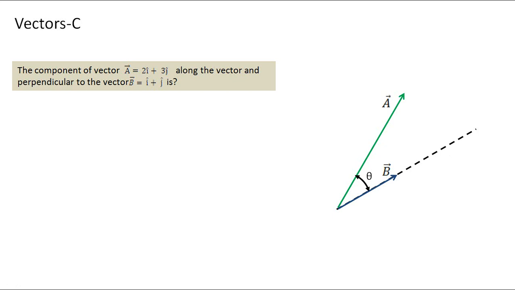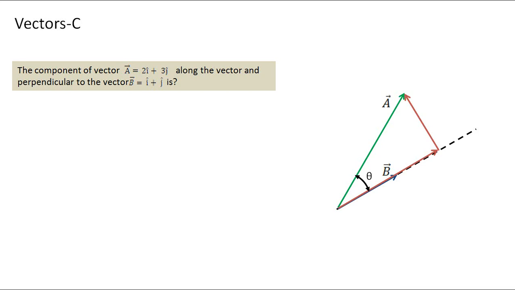So here also, if you apply similar logic, if theta is the angle between vector A and vector B, I can represent this vector as the sum of two vectors, one along vector B and one perpendicular to vector B. Essentially, we form a right angle triangle with vector A as hypotenuse and vector B parallel to one of the sides.